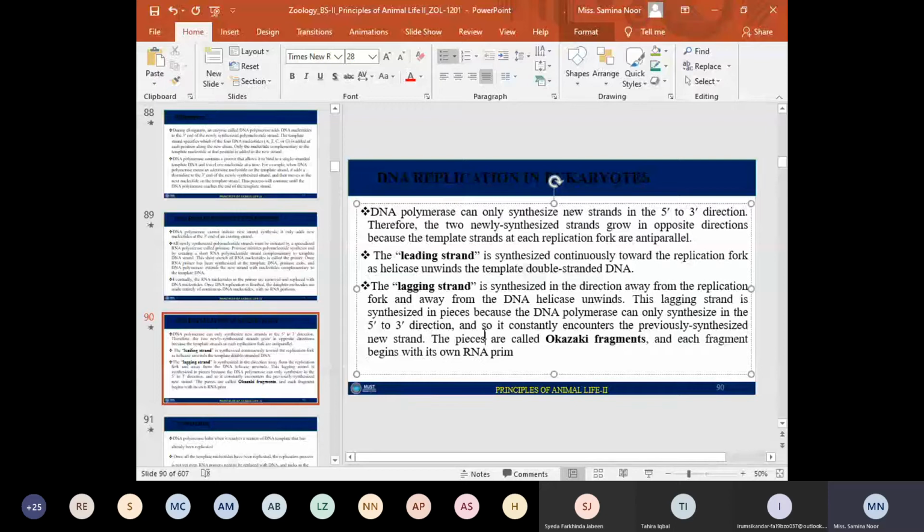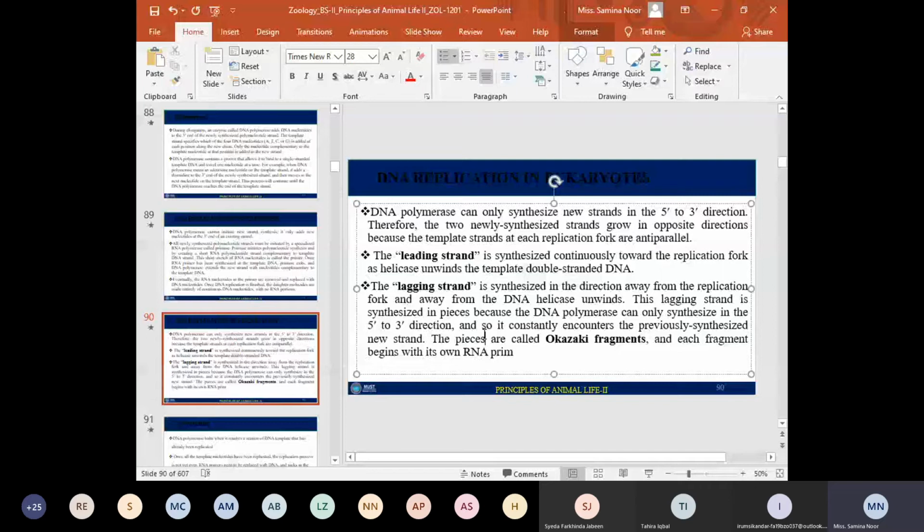The second one is known as the lagging strand, also known as the discontinuous strand. The synthesis of this DNA strand is away from the replication fork and also away from where the DNA helicase unwinds.